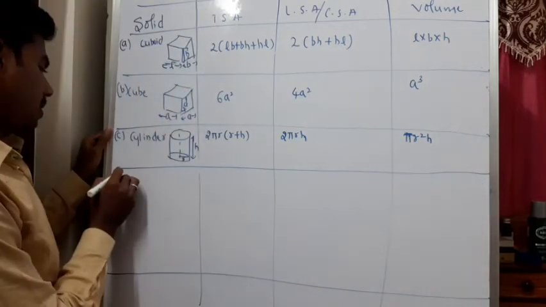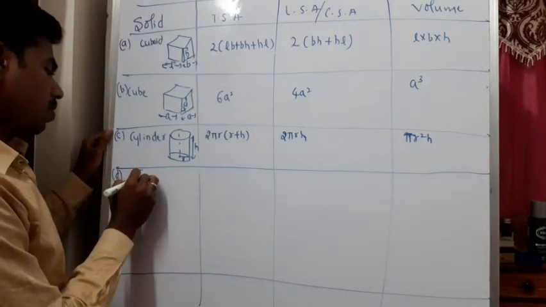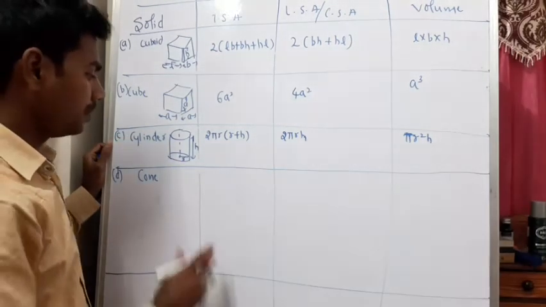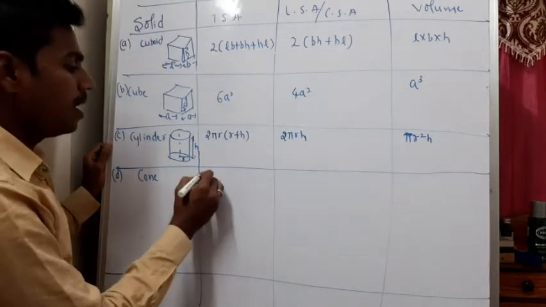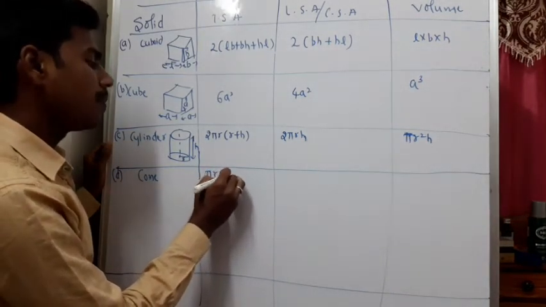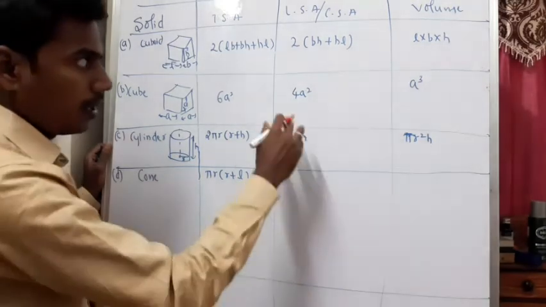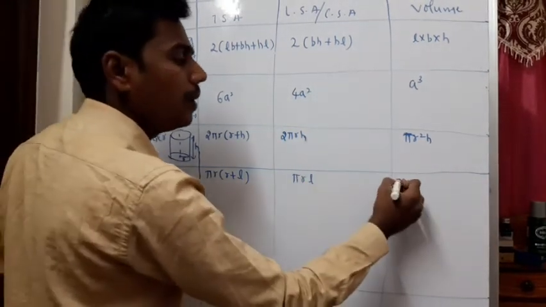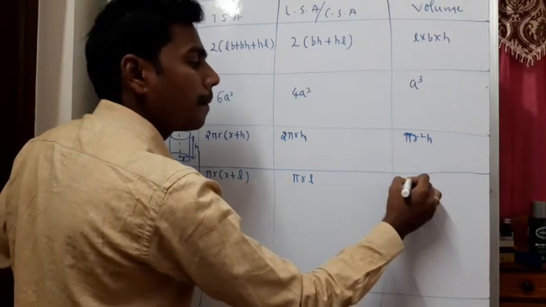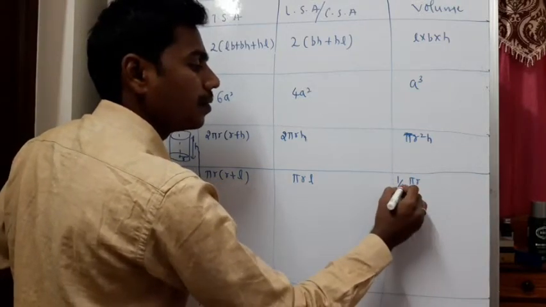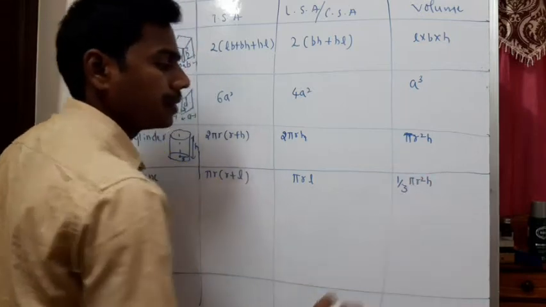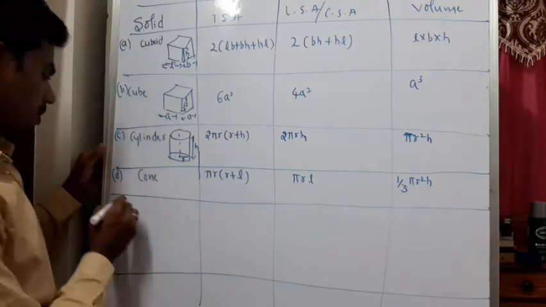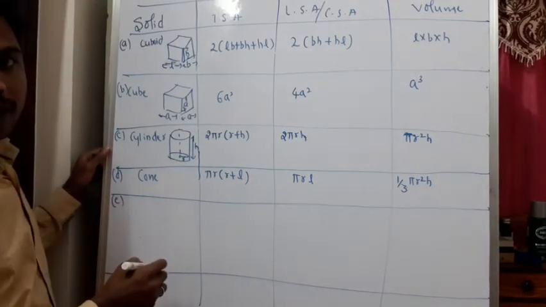Next, D. Cone, that is a right circular cone. What is the total surface area? Pi R into (R plus L). Curved surface area is pi R L. Then volume will be 1/3 of pi R square H. Okay, next. E. After cone, what we have?